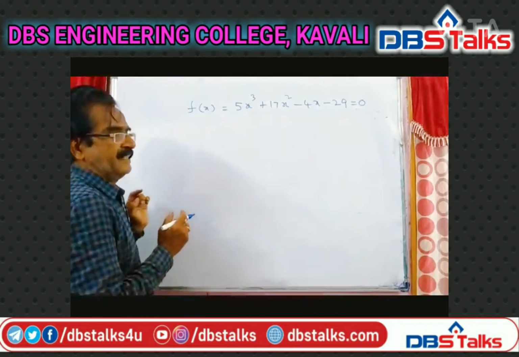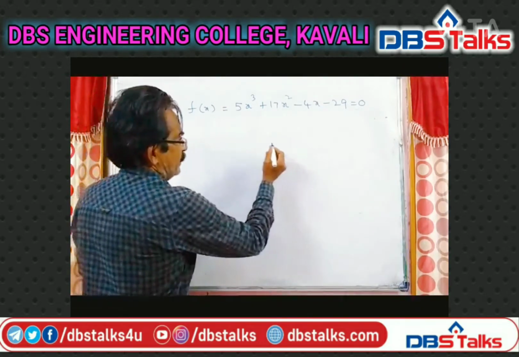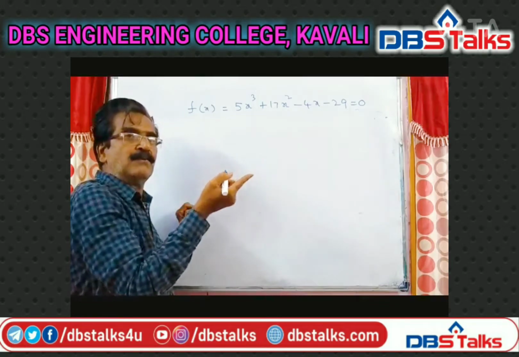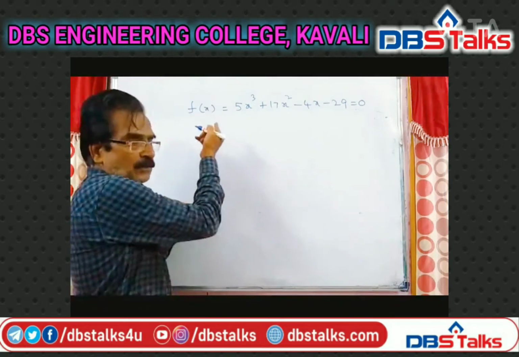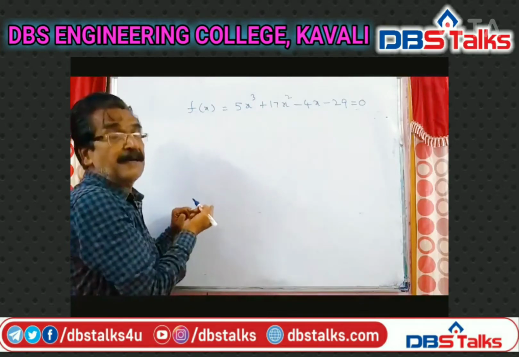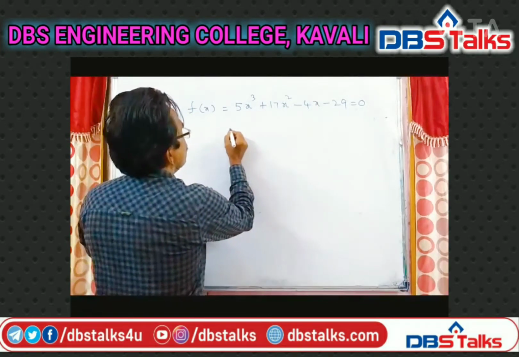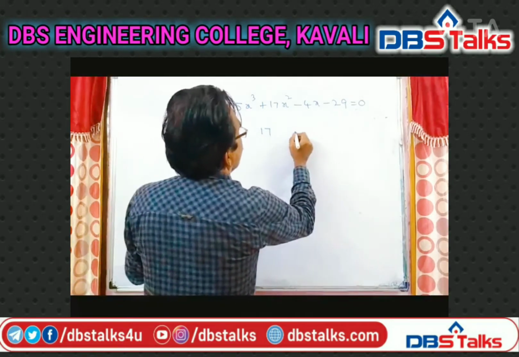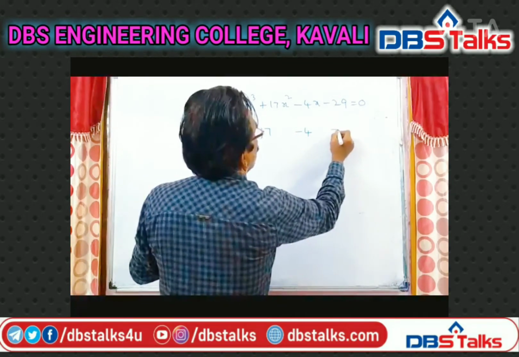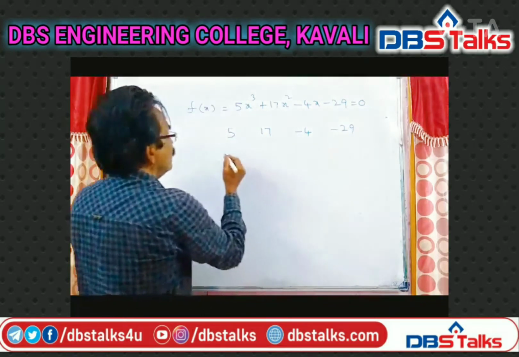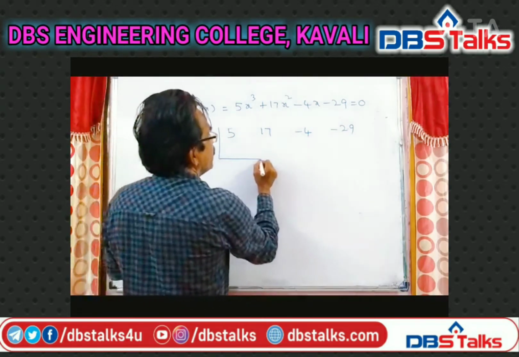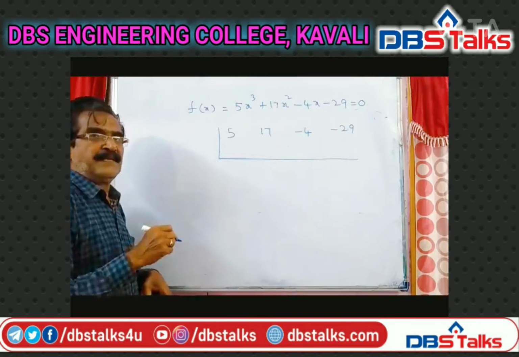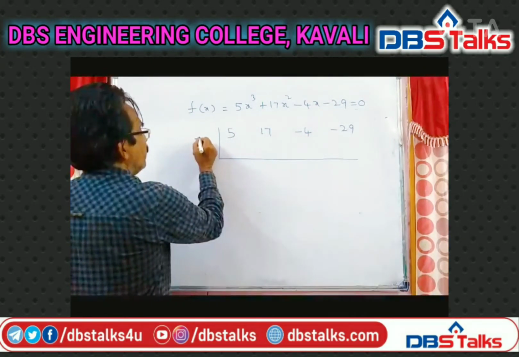Or by the synthetic way, now we want the polynomial whose roots are increased by 2, so we have to do synthetic division by minus 2. See friends, 5, 17, minus 4, minus 29. When it is said increased by 2, we have to do with minus 2.